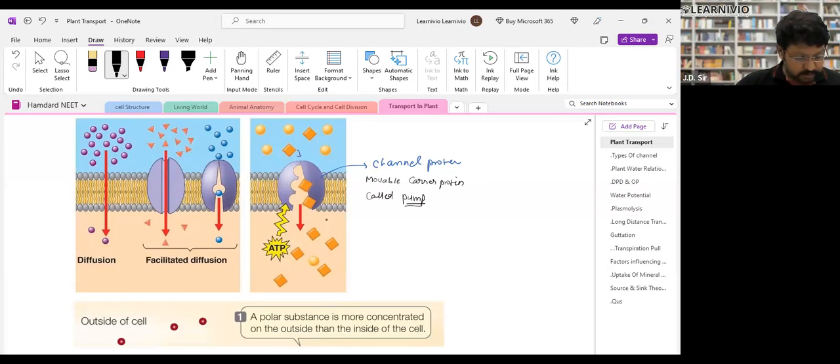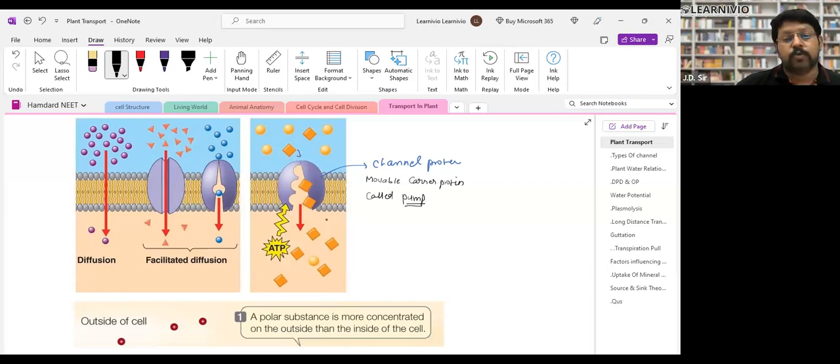Right? The carrier proteins are highly specific, like enzymes. Next point.